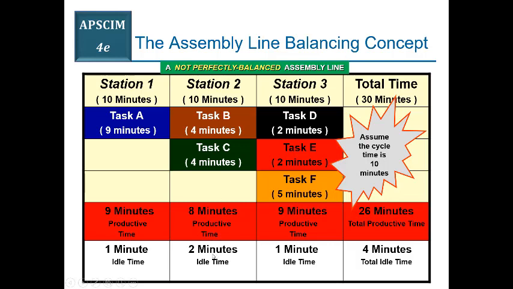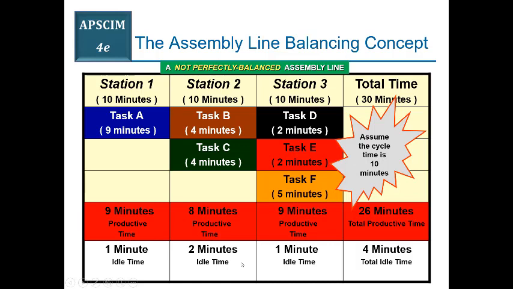Similarly, for this station, you will have some productive time and some idle time. You know, so overall, you will have some total productive time, and you will have some total lost time as well. Again, these figures are exaggerated figures. Normally, इतना difference आपको नहीं होगा.